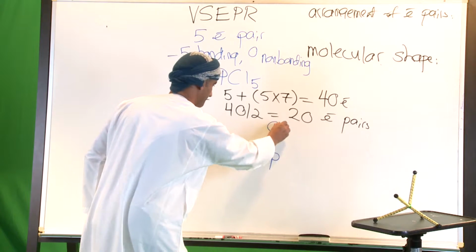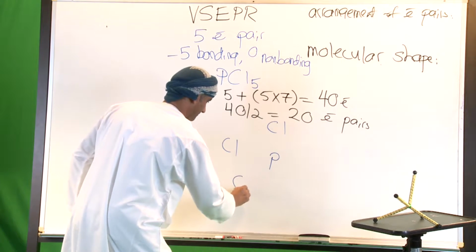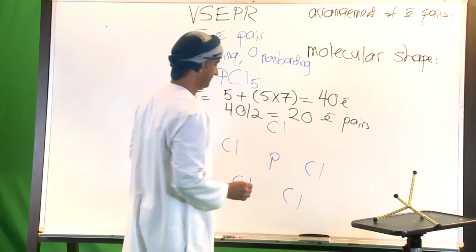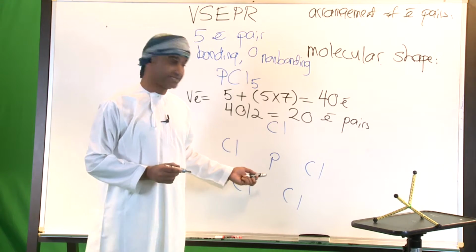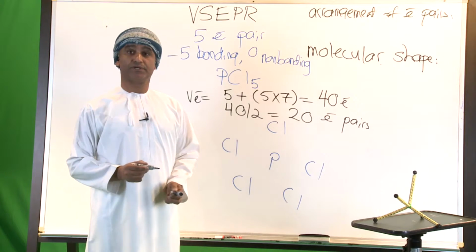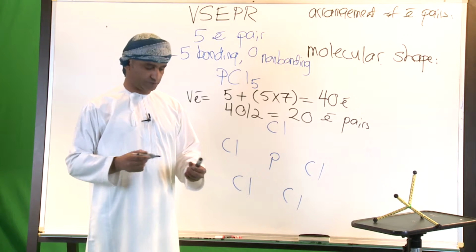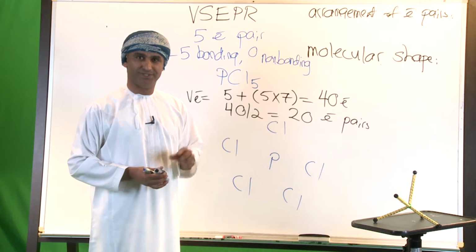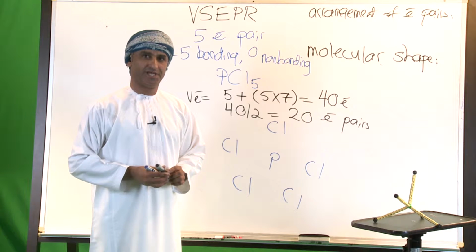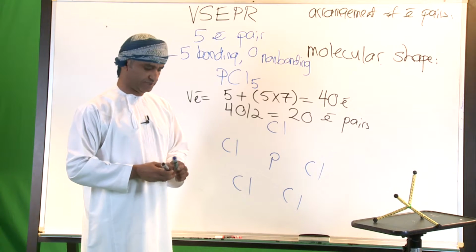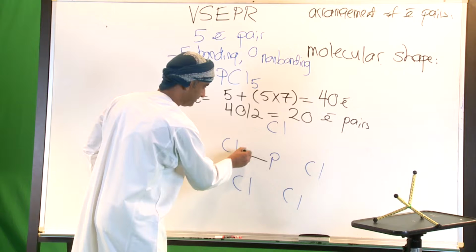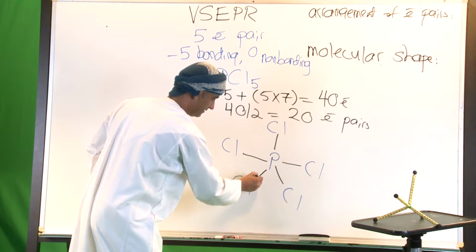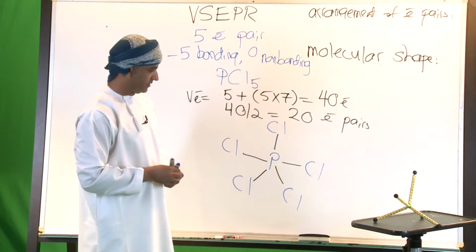So that's one of them, 2, 3, 4, 5. Now we draw a bond between the central phosphorus atom and each of these surrounding chlorine atoms. That's one bond, 2, 3, 4, 5. So there are 5 bonds.